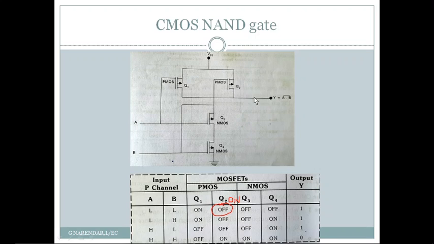So it's an open circuit as far as the pull-up is concerned. Since Y is also connected to the drain of Q3, and since Q3 is on and Q4 is on, the on resistances of Q3 and Q4 will pull down the output to 0.